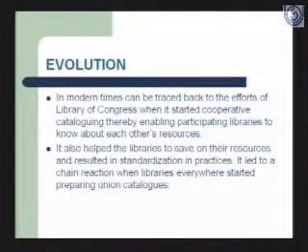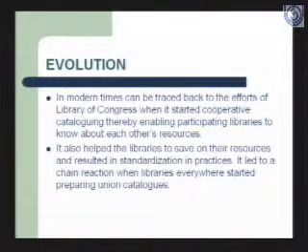Because cooperative cataloging enabled the participating libraries to know about each other's resources. Because if they had not known about each other's resources, it was one more step here, that a library would have to first of all find out whether it is available there, then only it would further proceed. But by having the cooperative catalogs available with each other, they could know well in advance what is available where, and thus it was very easy for them to do. So here the Library of Congress has a role to play.